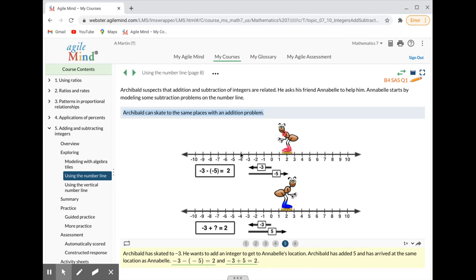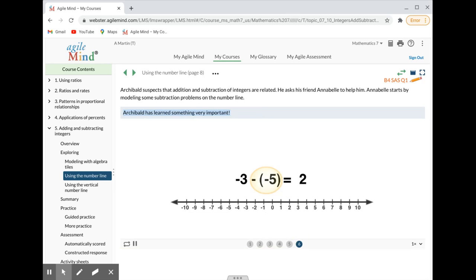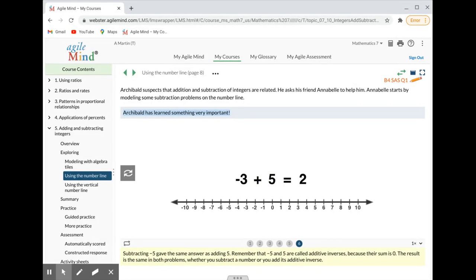All right, here we go. So look at what's taking place right there. Watch that again. What's happening? They're swapping out the -5 with the +5. That's correct. Kalia, read that down there at the bottom if you can.